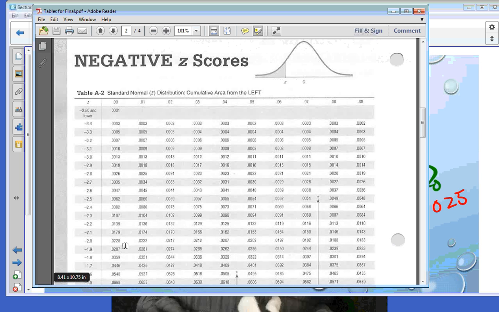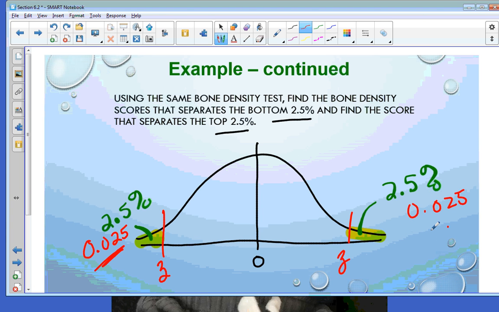Here's 2. Here I have 0.0250 right here. That is what I want. So I'm going to look to know that it's negative 1.96.